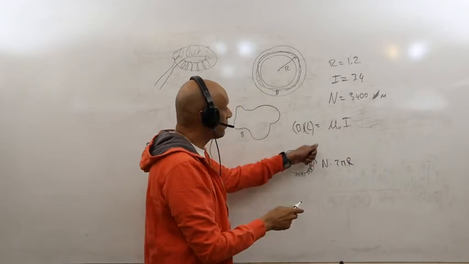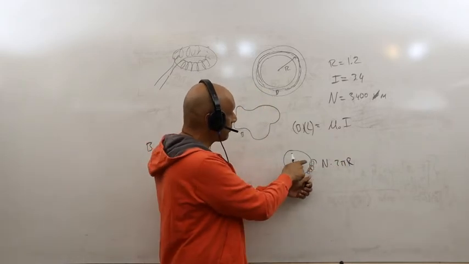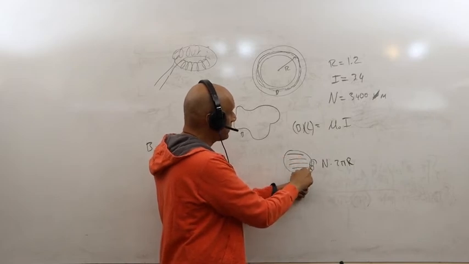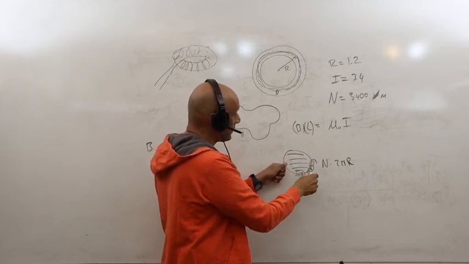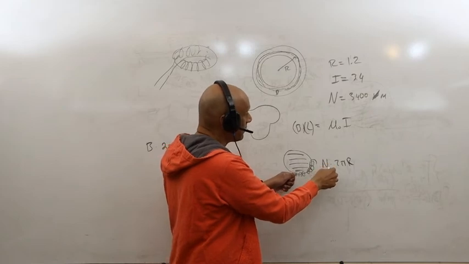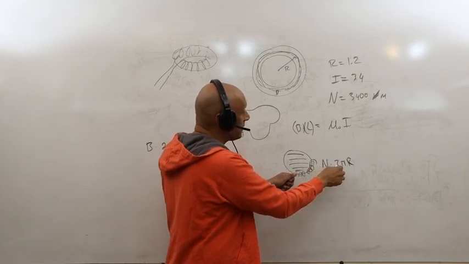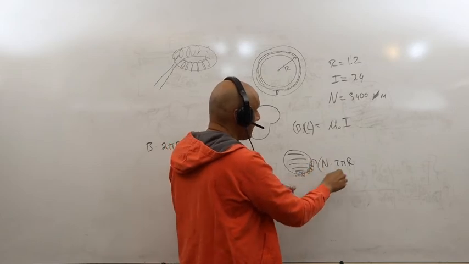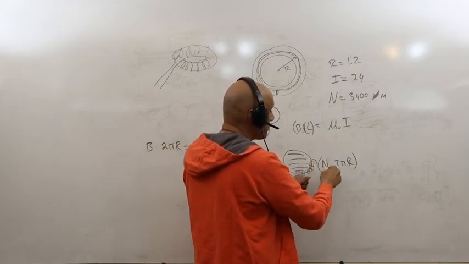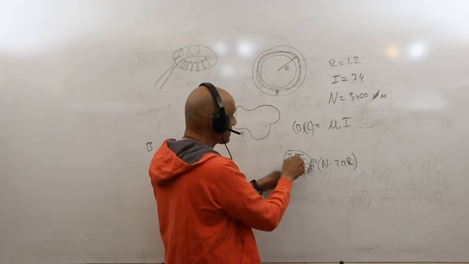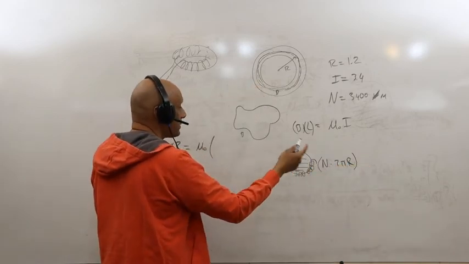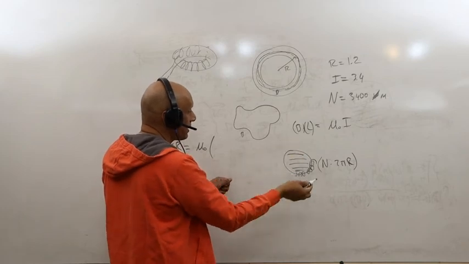N is the number of windings over the length, so the number of punctures inside this disk is N, the windings per meter, times the length of that perimeter. This is the number of times you have punctured that disk. And then you have the amount of current that punctures, times I, because the current is coming out of the board.